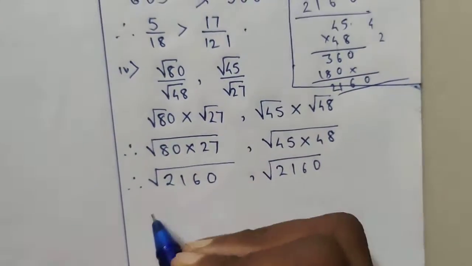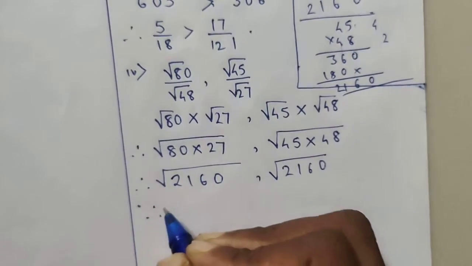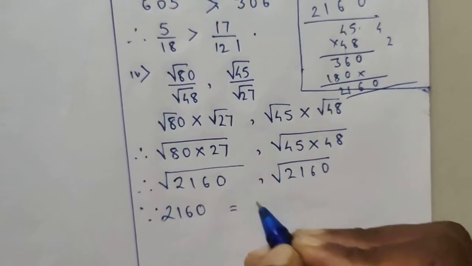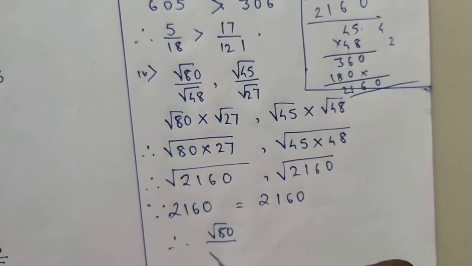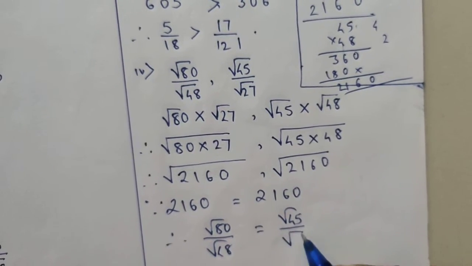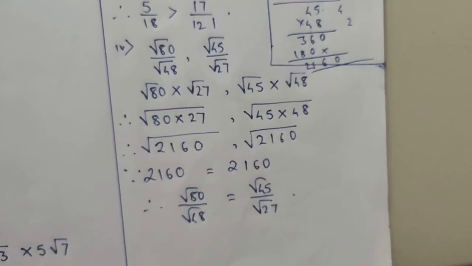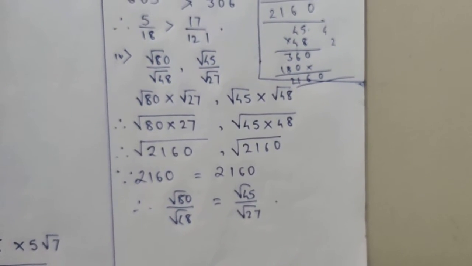So directly we can write here both are equal. Since 2160 is equal to 2160, that means our first ratio is equal to the second ratio, means both ratios are equal. Okay, now the fifth question of this one you can do on your own.